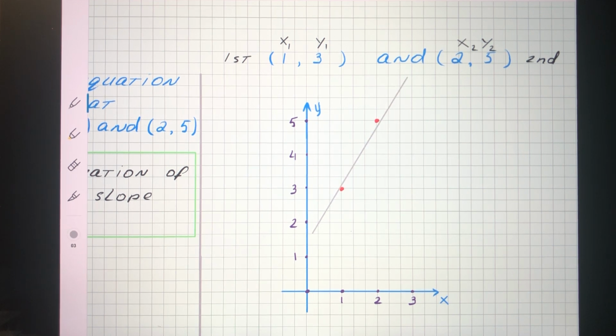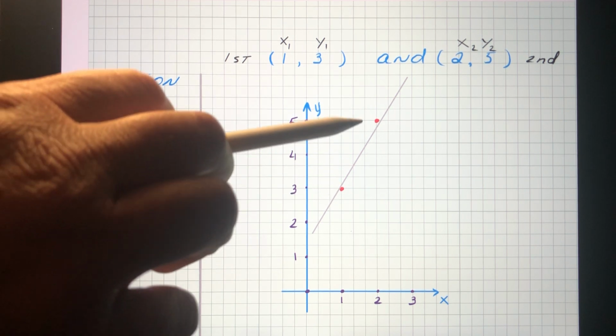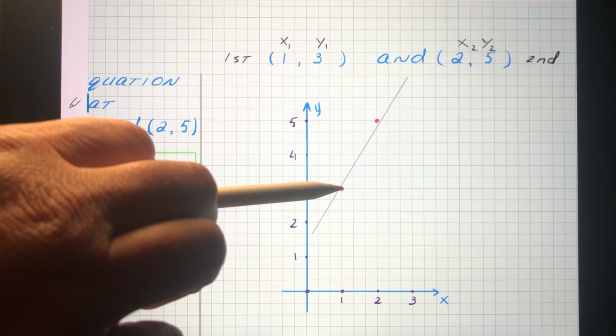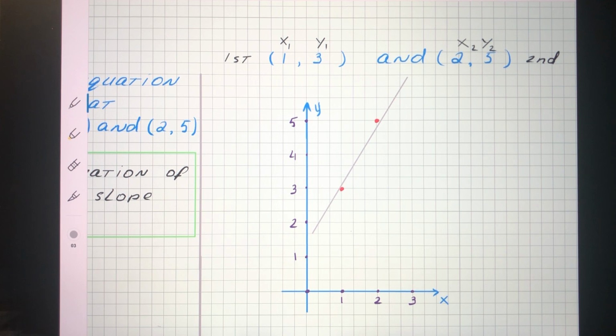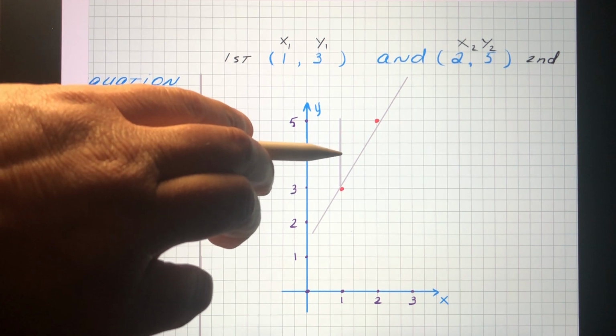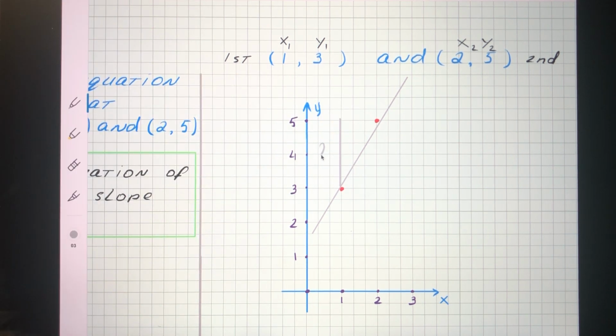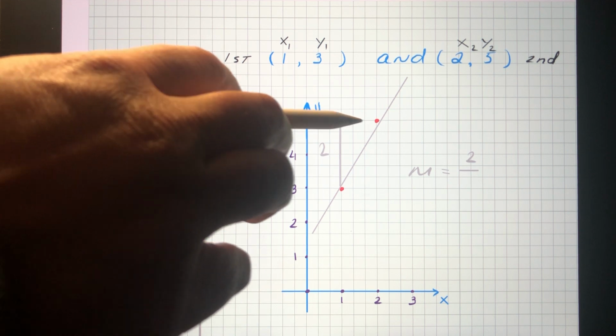Okay, now to get from the first point to the second point, how many units do we have to go up? Well, we can count. So from here, we need to go up that many units. Well, that's 1, 2 units. So in the slope number, the rise is 2. Now, the run tells us how many units to go to the right.